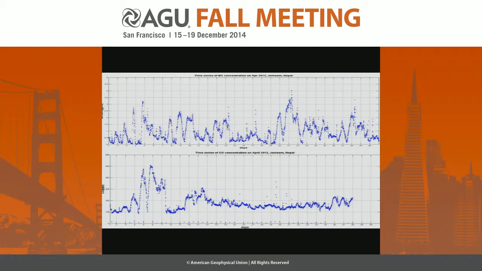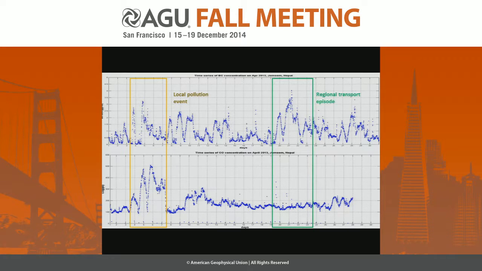We distinguish local pollution events from regional transport episodes of black carbon by using the carbon monoxide data. If you look inside that box, with the peak in black carbon, you also see a peak in carbon monoxide, which shows that it is a local pollution event. Versus in that box, where even though the black carbon concentration increases, carbon monoxide remains the same.